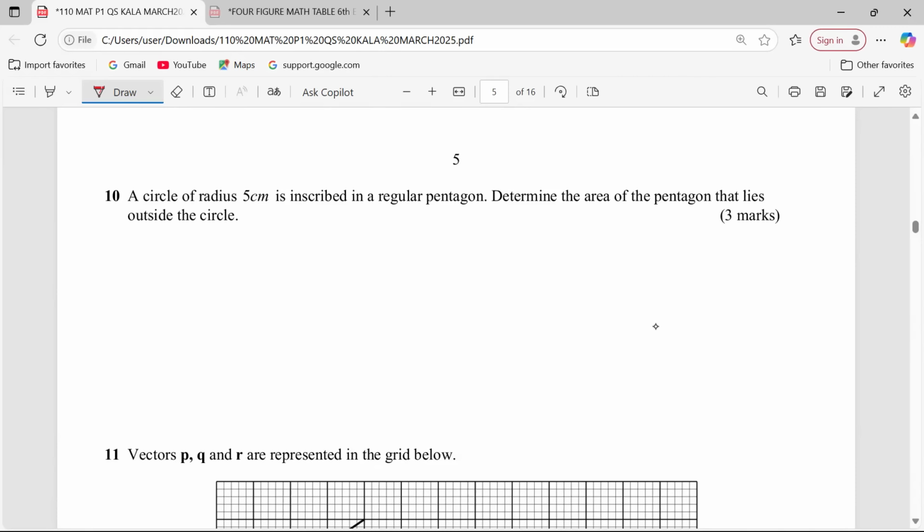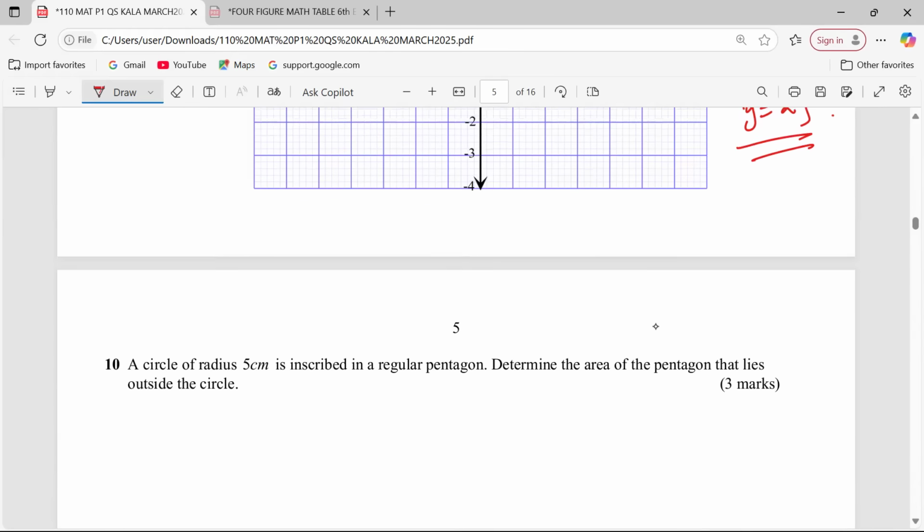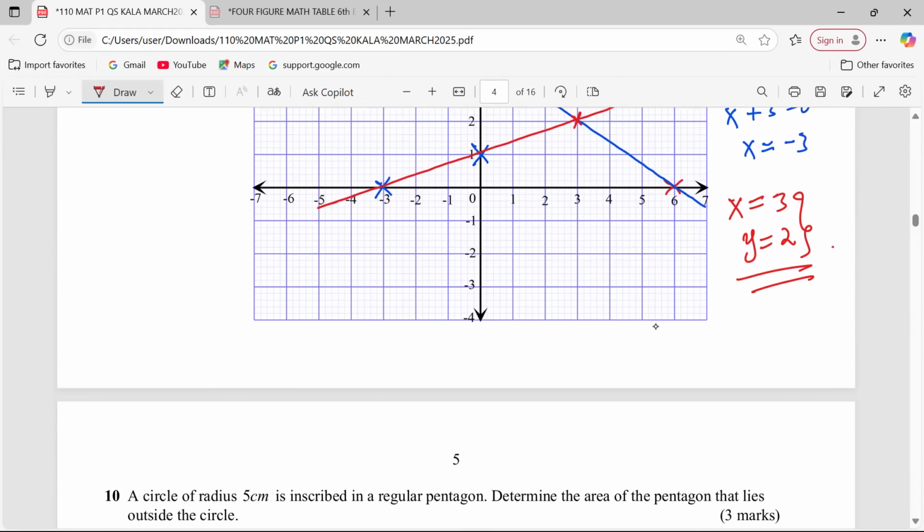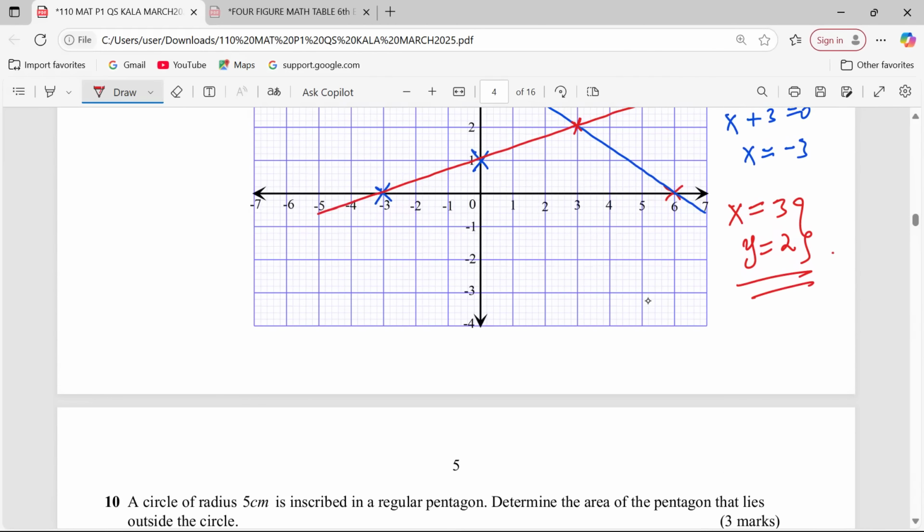So we have a circle. We can sketch the information anyway. Let's sketch it. We are having a circle, and this circle is inside, it is inscribed in a regular pentagon.